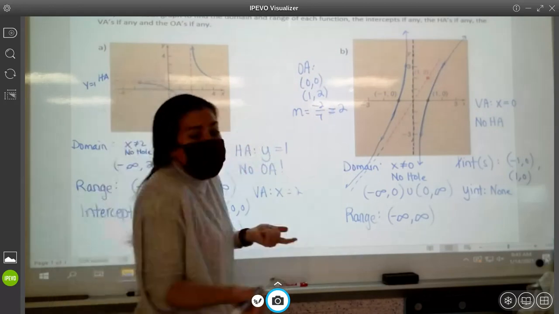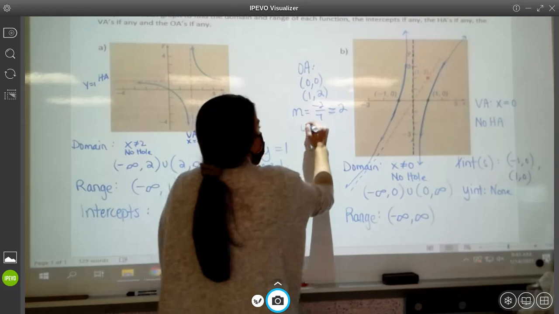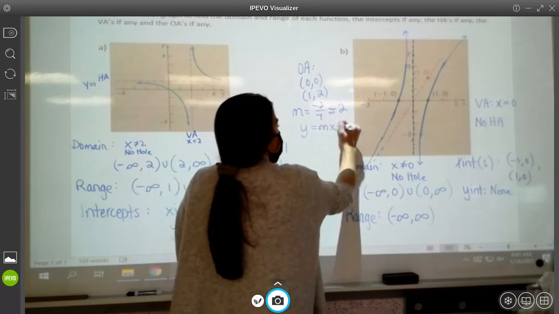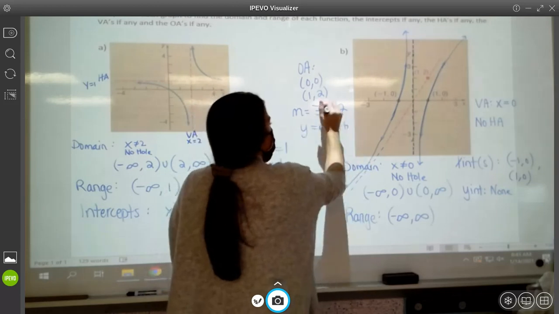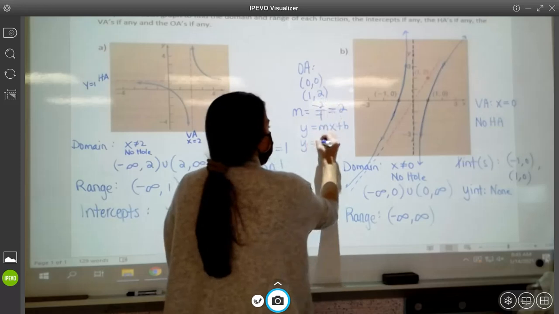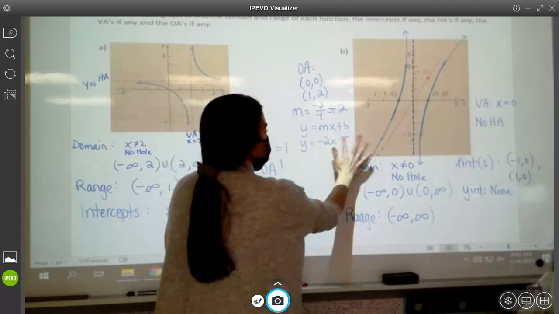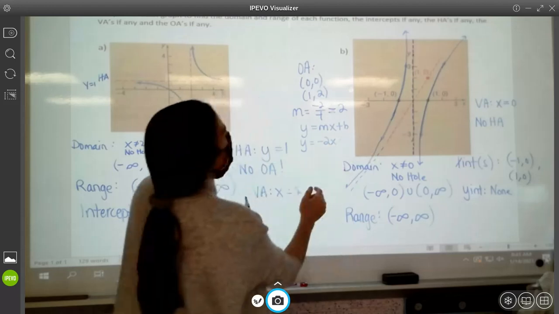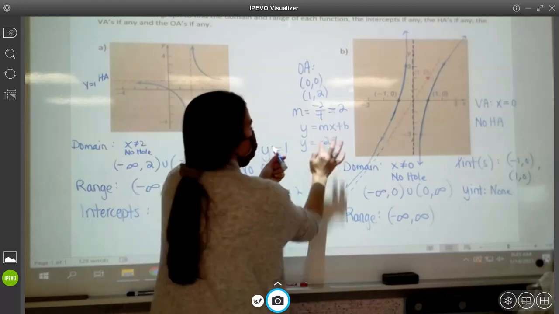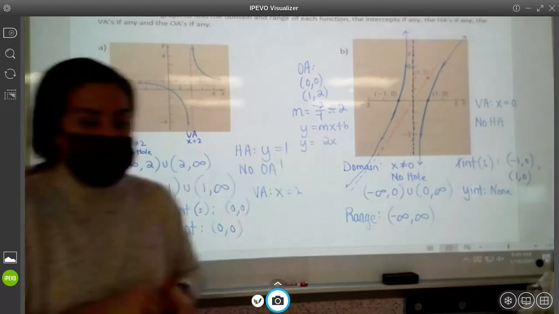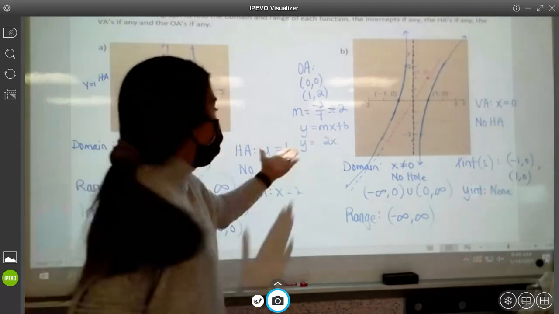So plug it into y = mx + b and be done. Y = 2 times x plus 0 is your y-intercept, but we don't have to write that. So it's just y equals, oh guys, I'm an idiot. It's a +2. Sorry. Y = 2x. And you're done. There's your oblique asymptote.